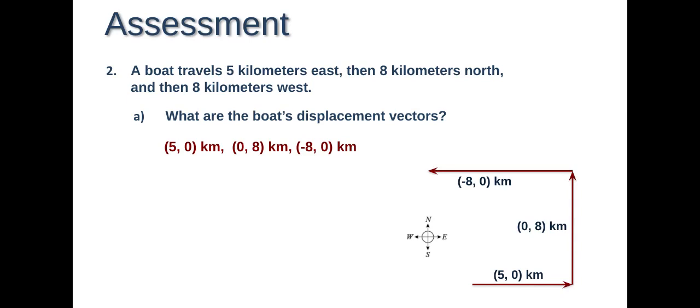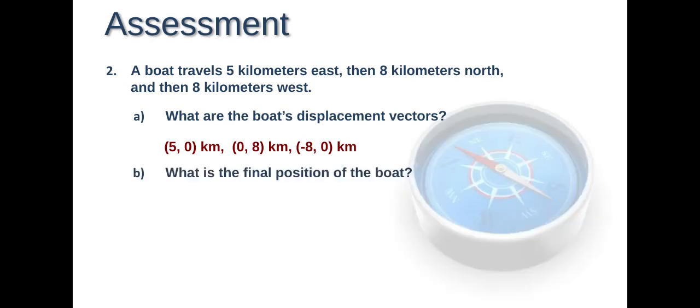And west is going to be the negative value, so it's -8, 0. That is how you determine your displacement vectors. You have to look at the direction you're moving. So if you're moving east or west, you're going to be changing your x value. But if you're moving north or south, you're going to be changing the y value.